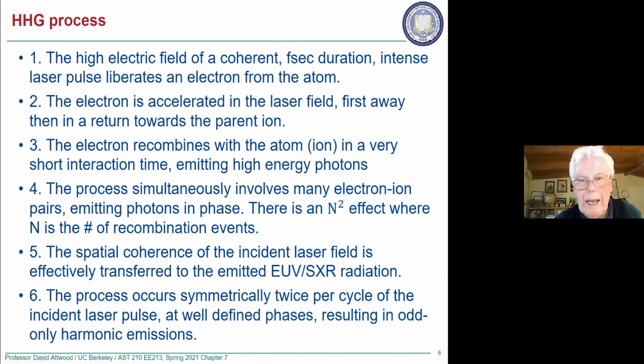So it happens twice per cycle, and it's symmetric. And there are well-defined phases in all of this, and because of that, we wind up seeing only odd harmonics. I have a slide to show you why. Why does that mean we only get odd harmonics? And how might we get even harmonics in case we want them? Does someone want to comment on this?